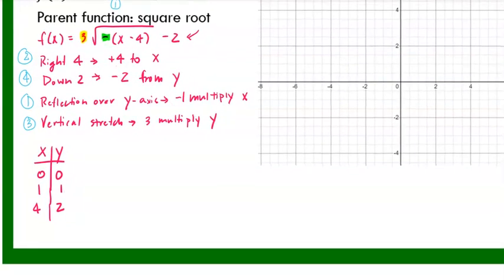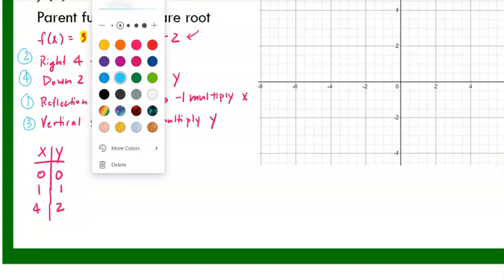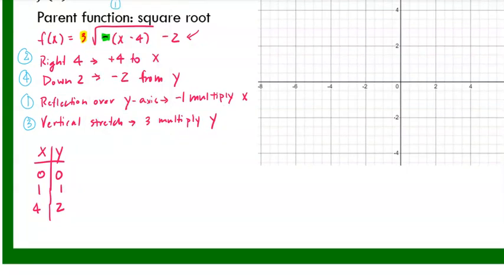Based on that, let's do the first one, x and y. I'm going to reflect over the y, multiplying x by -1. So I'm going to multiply these by -1. So 0, -1, -4. Y is going to stay the same.